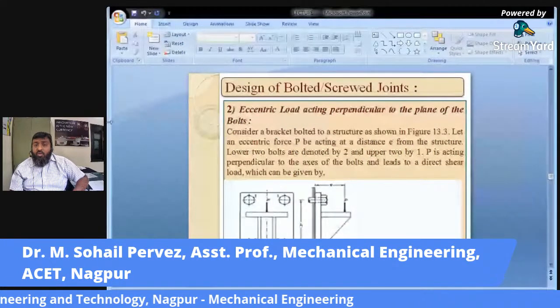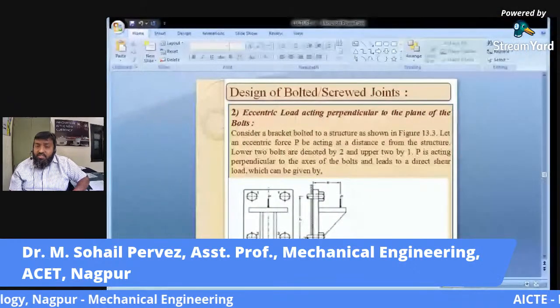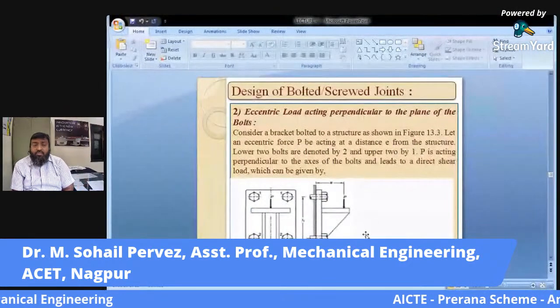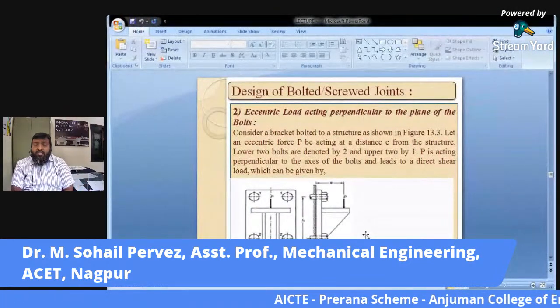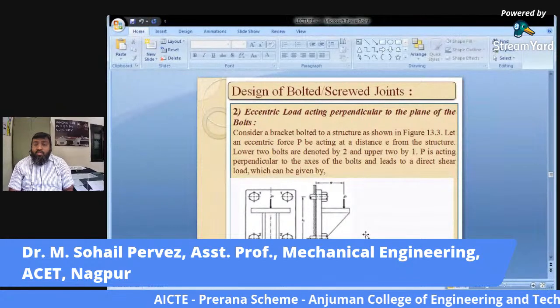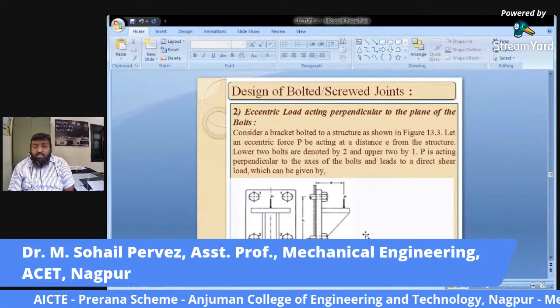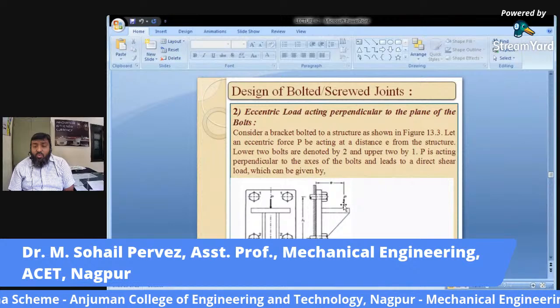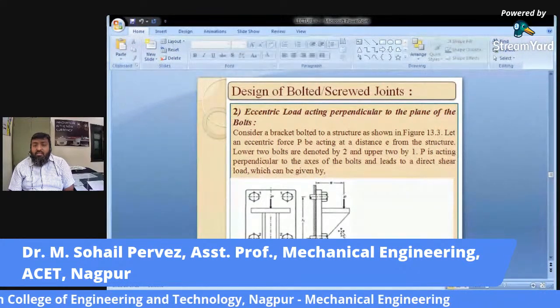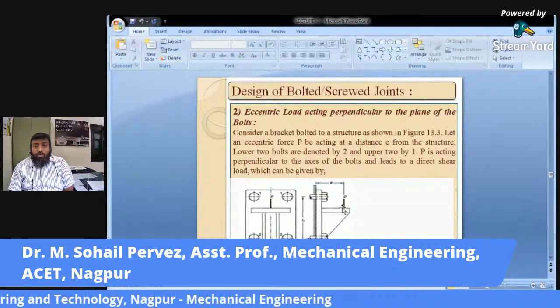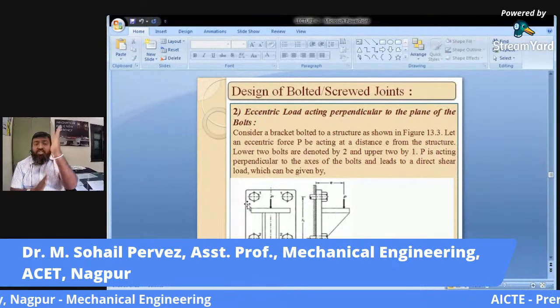stress the bolts. Now, what would be the different types of stresses, or different types of forces, that will be acting at this juncture? Number 1, due to this eccentric load P, all the 4 bolts will be subjected to direct shear.